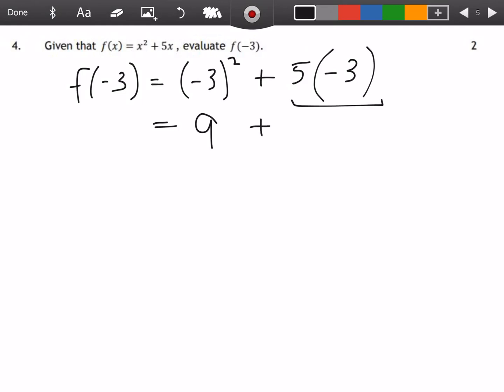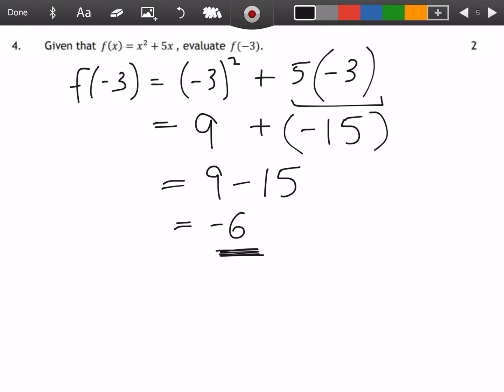Plus 5 times negative 3 is negative 15. And remember, 9 plus negative 15 is 9 take away 15. All those steps of working don't really have to be shown. 9 take 15 is negative 6. Okay?